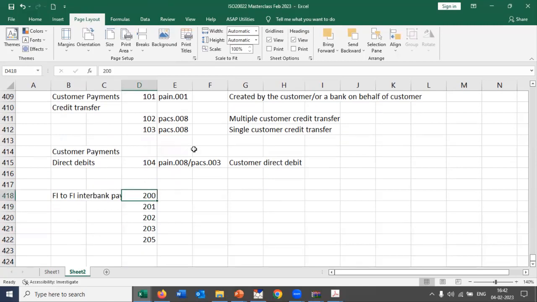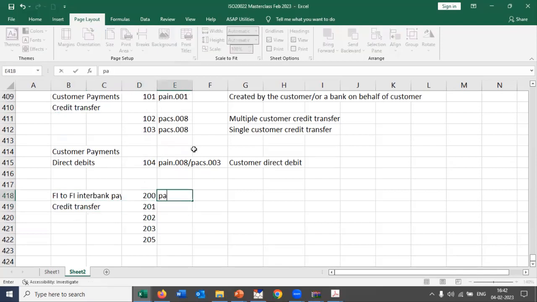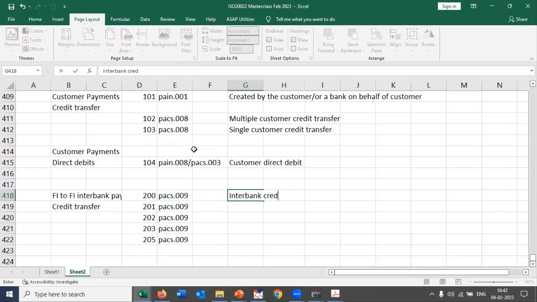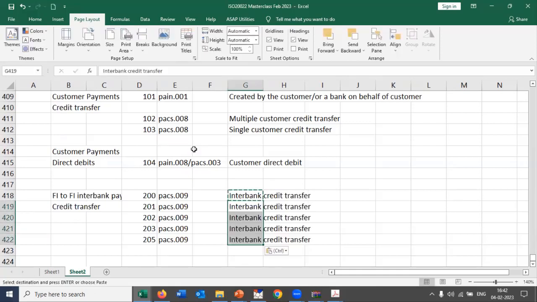These are all interbank credit transfers. Equivalent of this in the ISO world will be a pacs.009, one single message. Any question up to this point?